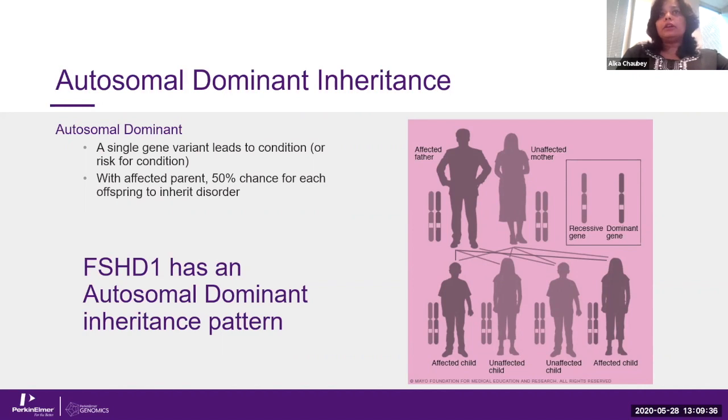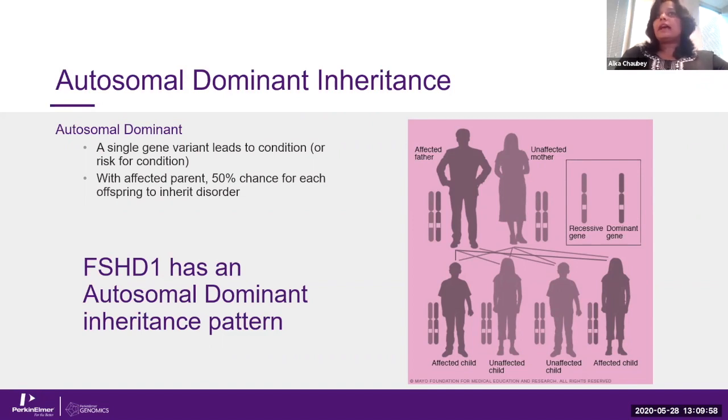If we look at the cartoon on the right-hand side, the light shaded little box is a recessive gene on the light shaded chromosome, and on the dark chromosome is the dominant gene. You can see that the mother has both light forms, so she's unaffected.